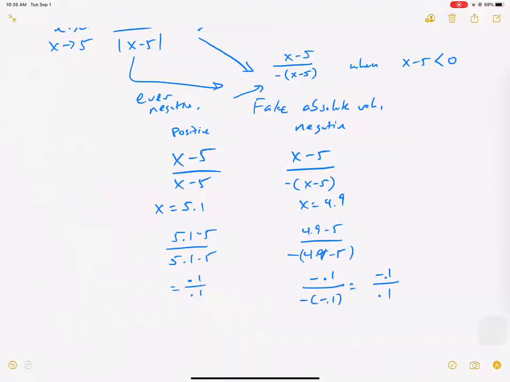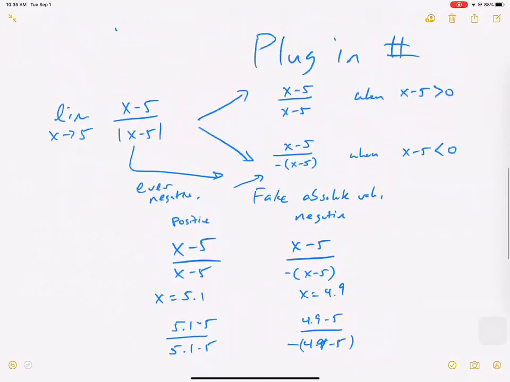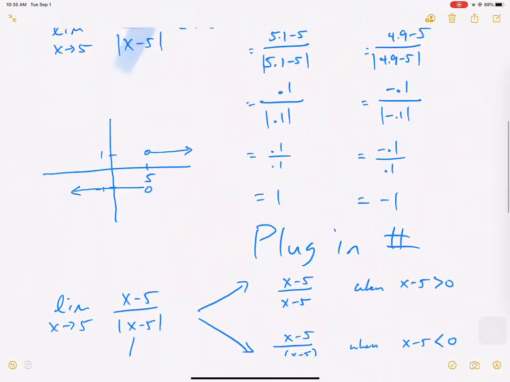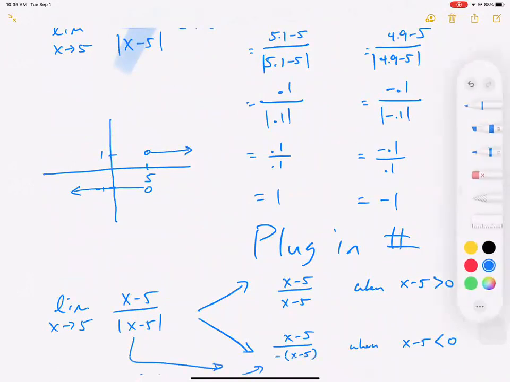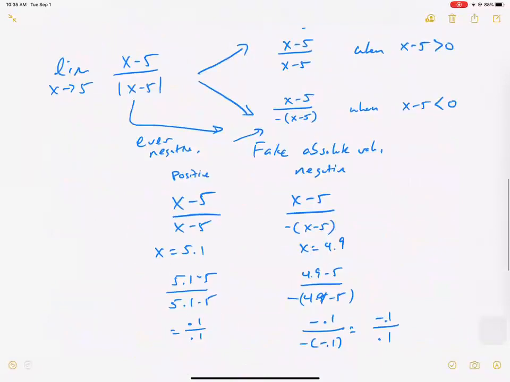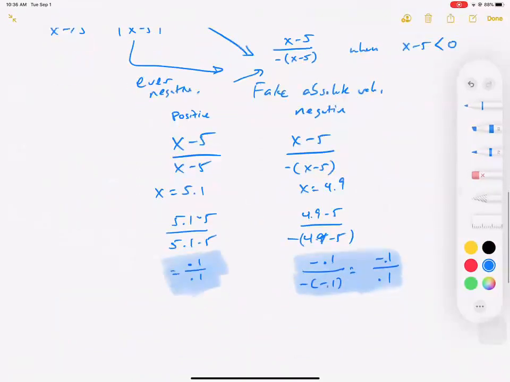I want you guys to look at our answers here and our answers from the absolute value from before. My point is that by rewriting this problem without an absolute value sign, and adding a negative for situations where the absolute value would have been negative, we can write this instead as a piecewise function.